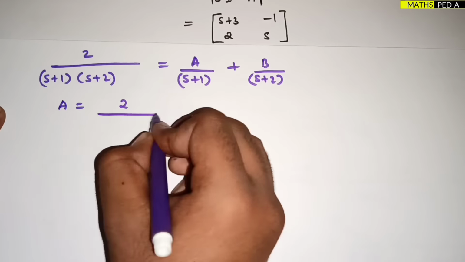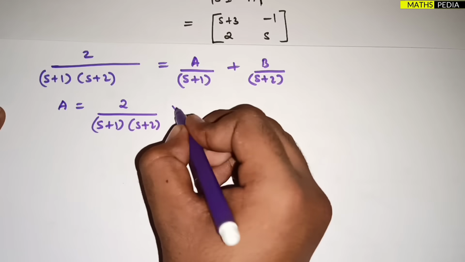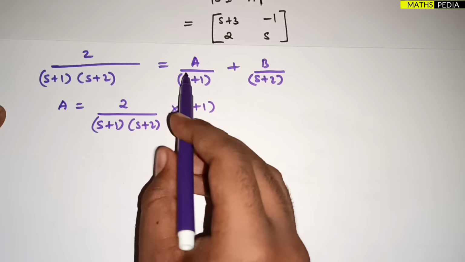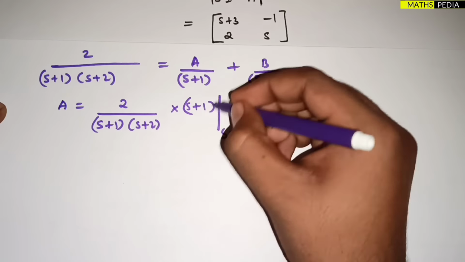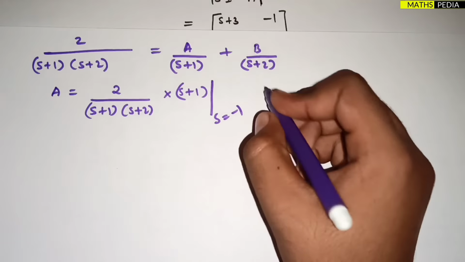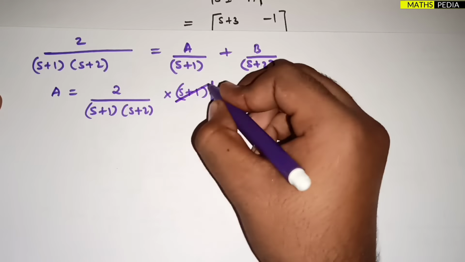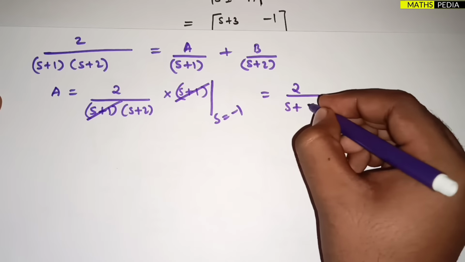So it will become 2 by (s plus 1) into (s plus 2). This will go up, s plus 1. Correct? Just bring it to this side. So I have to substitute s value such that this term will become 0. Substitute what? S equal to minus 1. Correct? Now cancel the term, then you have to substitute the value. So what is remaining? 2 by s plus 2 is remaining.